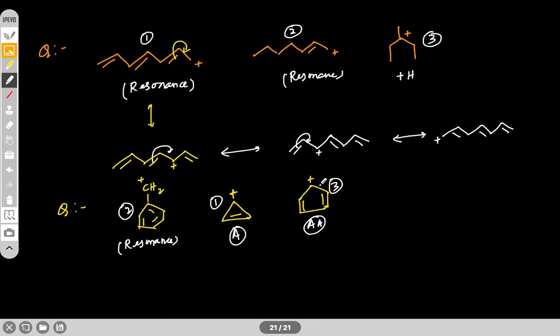Okay, so this is how we solve this kind of question, the stability order. Similarly, we have free radical stability also. We know carbocation and free radical can be dealt with in the same way, right? So for free radical stability, the factors which affect this, the only thing is aromaticity is not there.